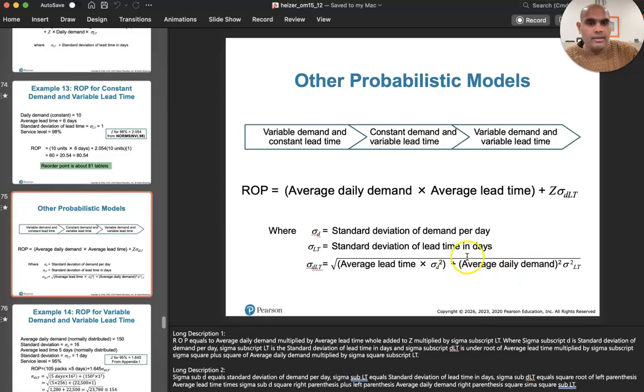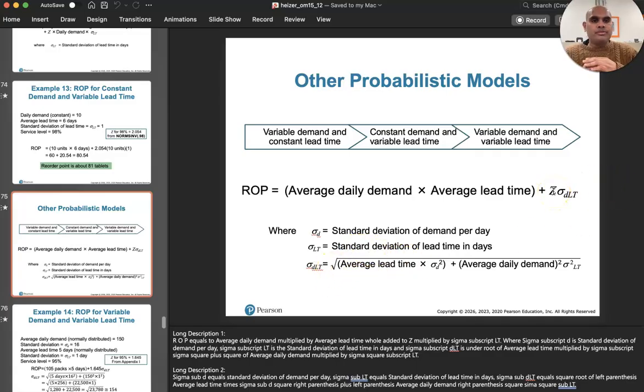To that you add average daily demand squared times the standard deviation of lead time squared. So you see that the average lead time here does not have a square, but everything else is squared, right? So keep that in mind. Then you calculate this, and this is the standard deviation for the whole lead time, when both the lead time is variable and the demand is variable. And you calculate that, you multiply with the z.